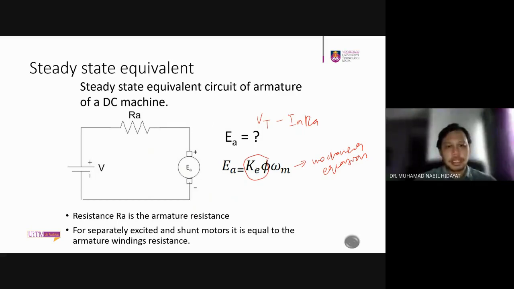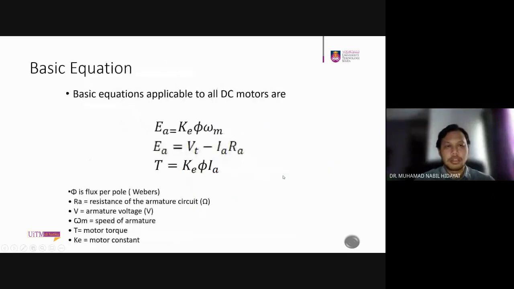RA is the armature resistance, and for the separately excited and the shunt motor it is equal to the armature winding resistance.